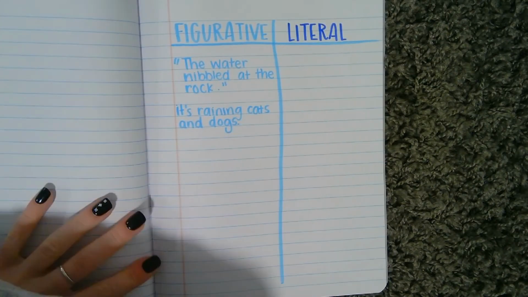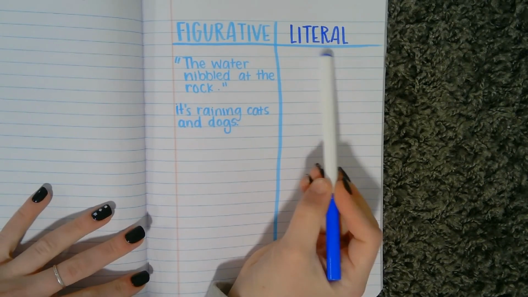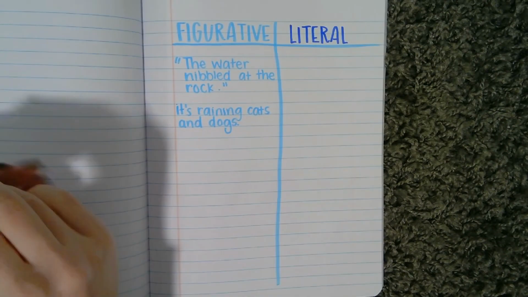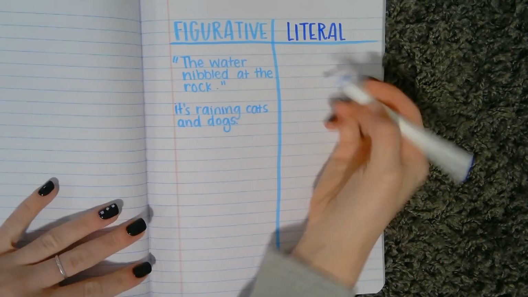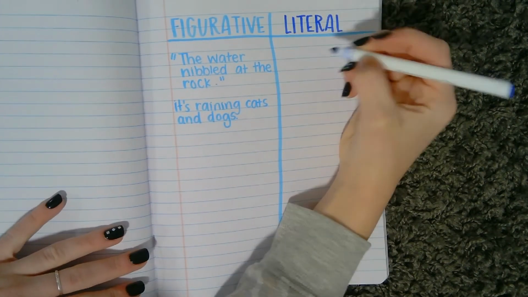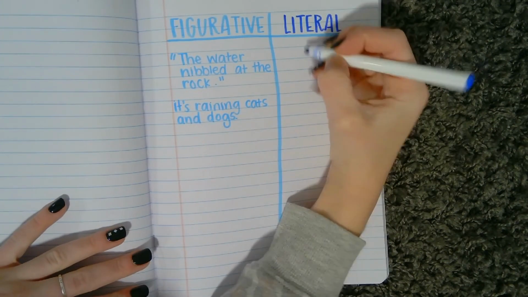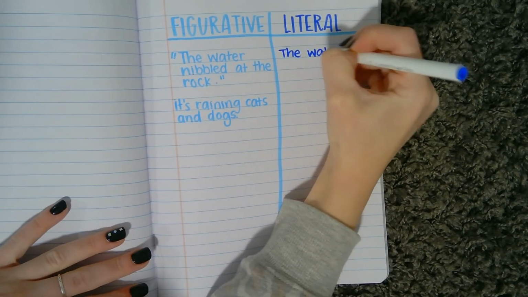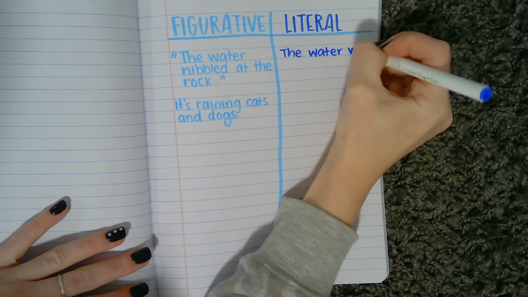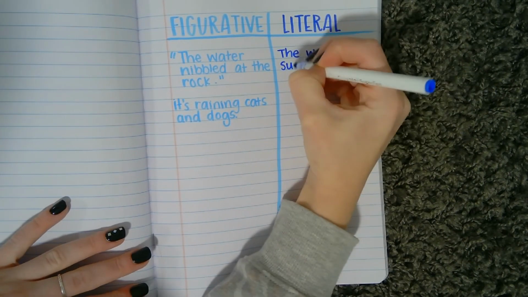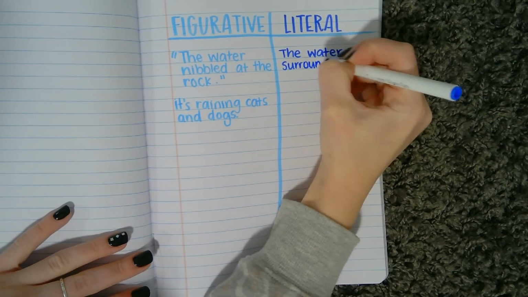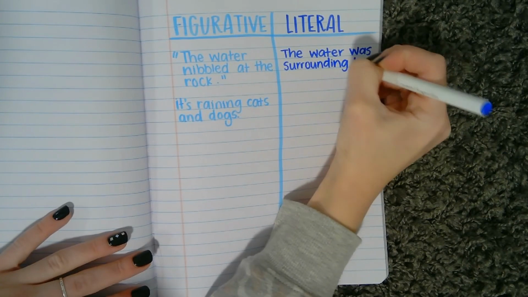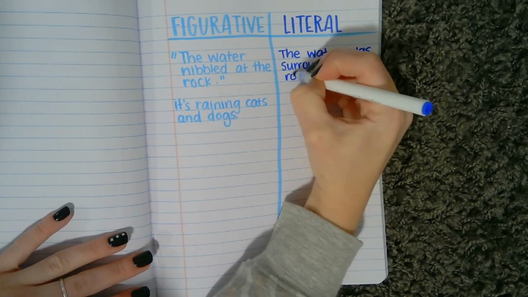So let's just take these first two and let's think about what do they literally mean? What do they actually mean? So the water nibbled at the rock means the water was kind of rising around it, right? The water, I'm going to say, was surrounding the rock.